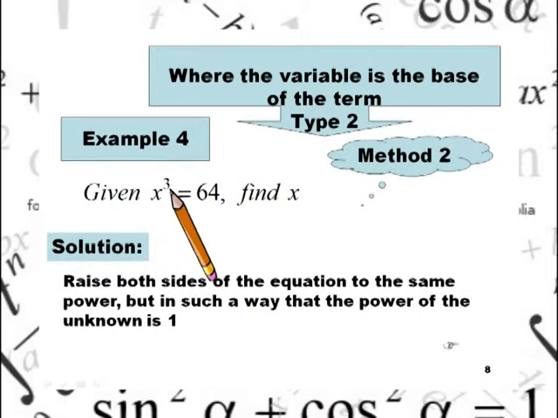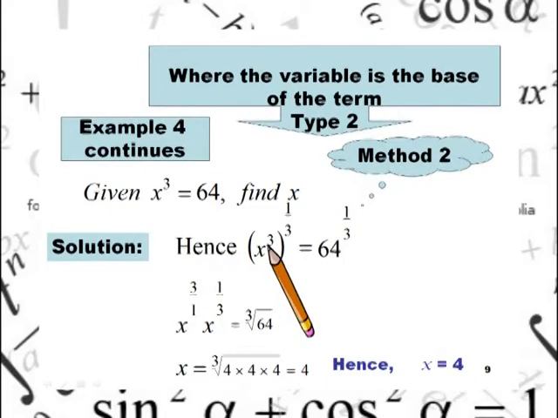Example 4. Given x cubed equals 64, find x. Solution using method 2. Raise both sides of the equation to the same power, but in such a way that the power of the unknown is 1.